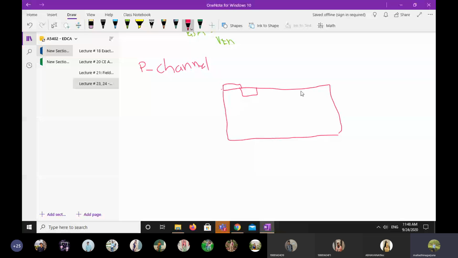Two diffusions will be diffused. This is the metal to make a contact.